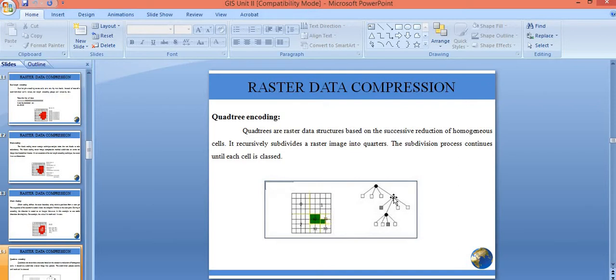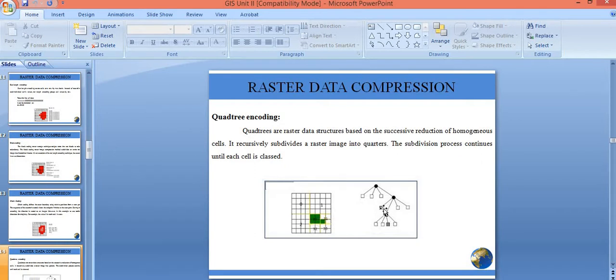Now for this parent node, you should have 4 children. The reason is we have split this part itself into 4 parts. In the first part, since you have the same value in all the cells, you represent it by a leaf node with the value of all the cells, which have green color.